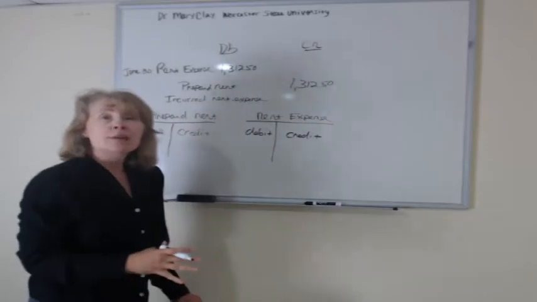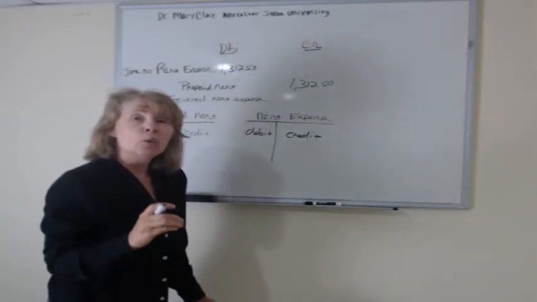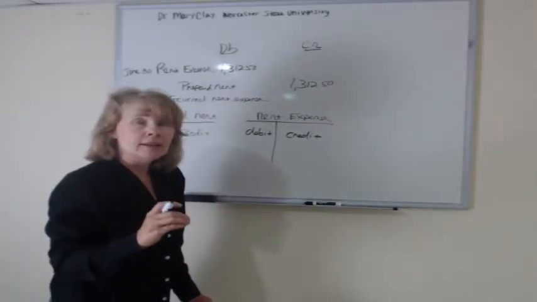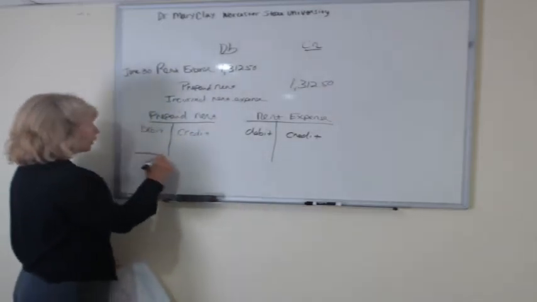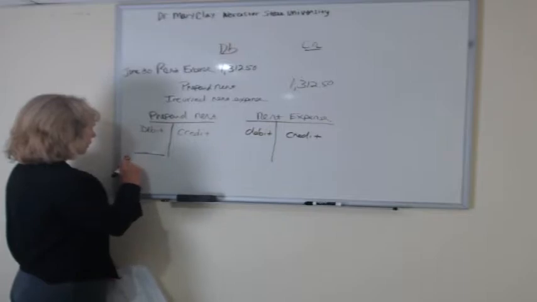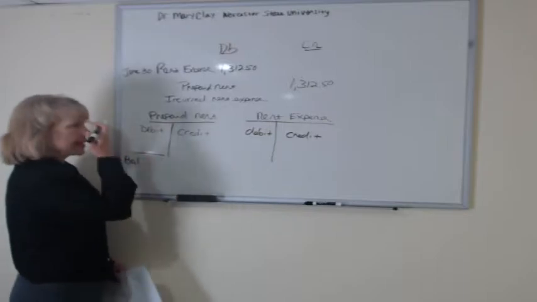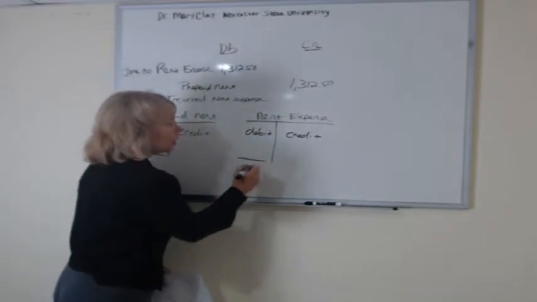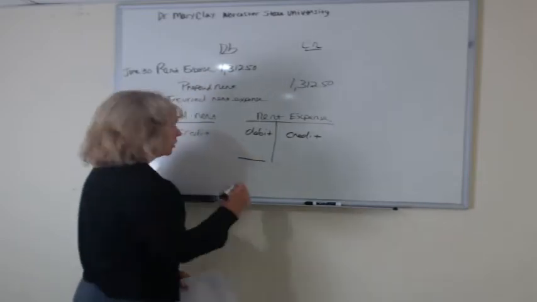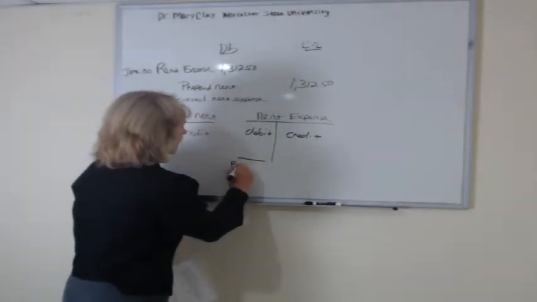For prepaid rent, you will always have your normal balance. Well, what's the normal balance for prepaid rent? Because it's an asset, a debit. So let's put balance right here. Same thing for rent expense. You will have the normal balance, which is a debit. Let's put the balance right here.